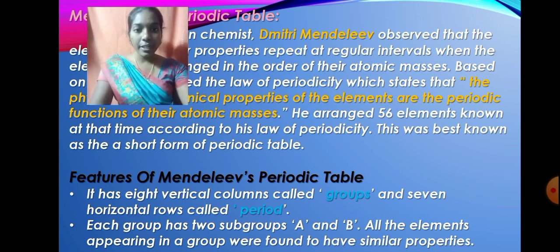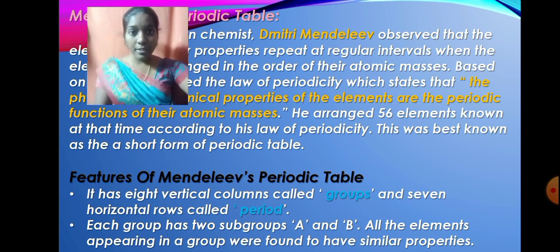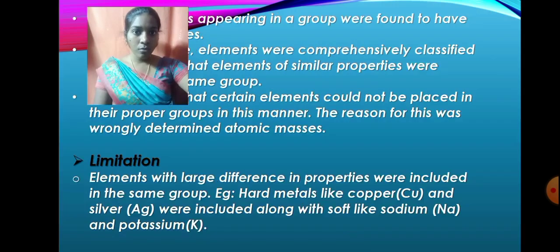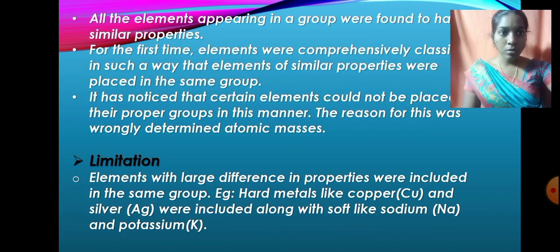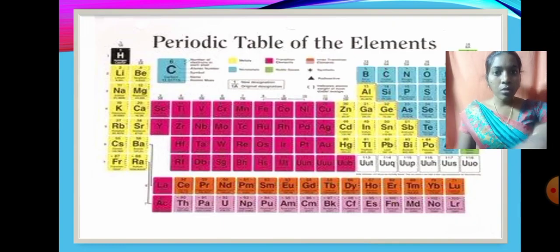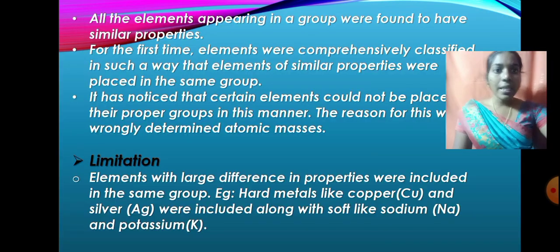Features of Mendeleev's periodic table. It has 8 vertical columns called groups and 7 horizontal rows called periods. Each group has 2 subgroups, A and B. All the elements appearing in a group were found to have similar properties.